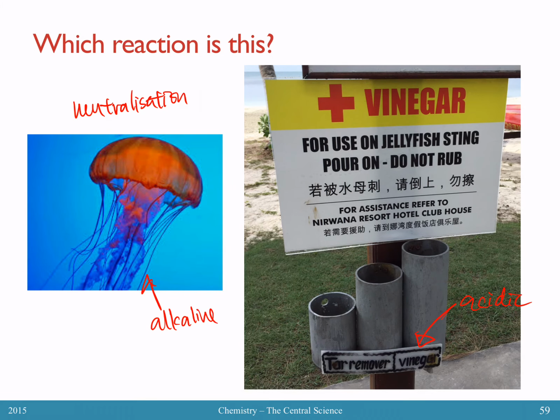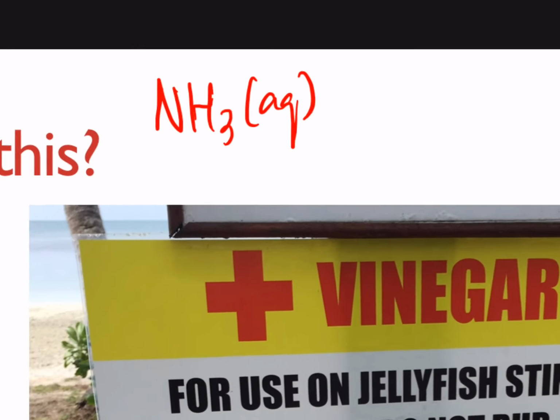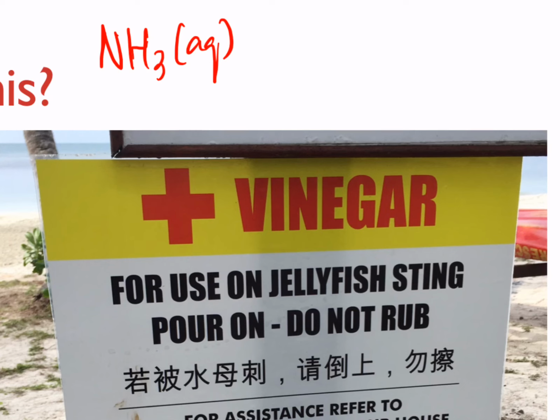Okay, so that's all for acids and bases. Now, one more base I would like to point out that I haven't mentioned is your aqueous ammonia. You may think, how come aqueous ammonia is an alkali? Because where's the OH minus?